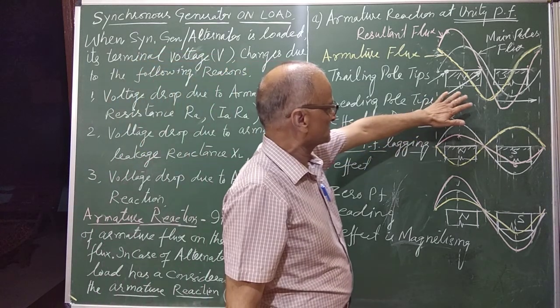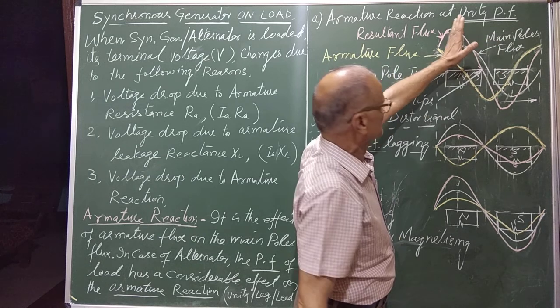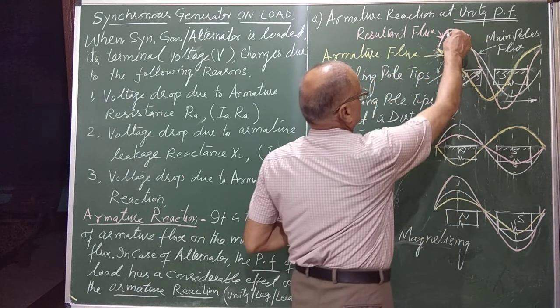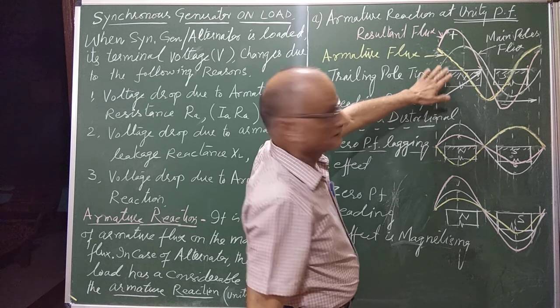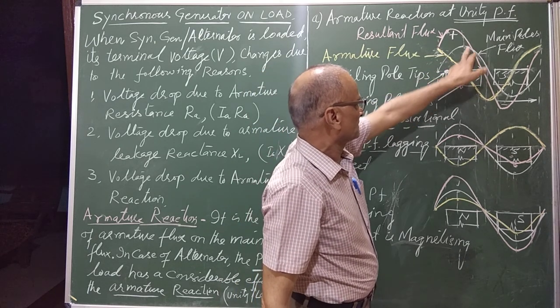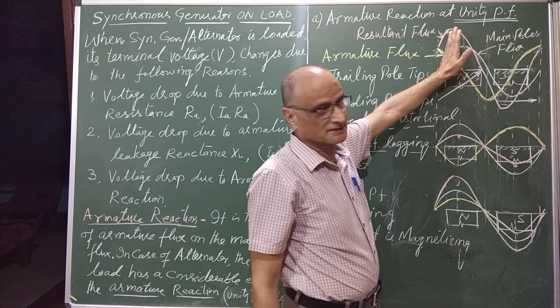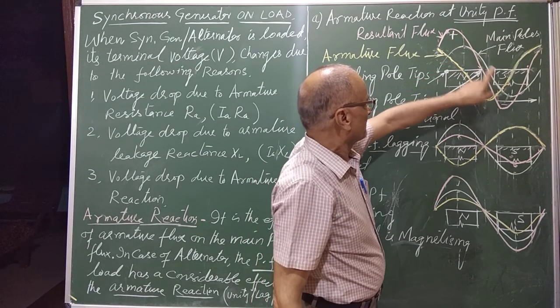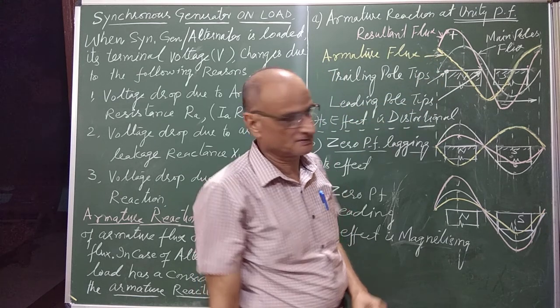Now, from this figure, it is clear that the resultant flux has been shifted to this side. This is positive maximum and this is negative maximum. That means initial flux was maximum at the center of the north pole, but now the resultant value has been shifted to this side, and on this side it is minimum flux, on this side it is maximum flux.